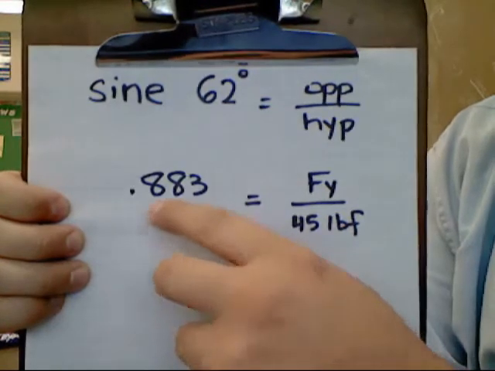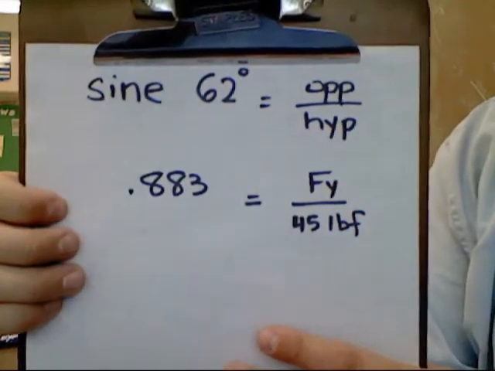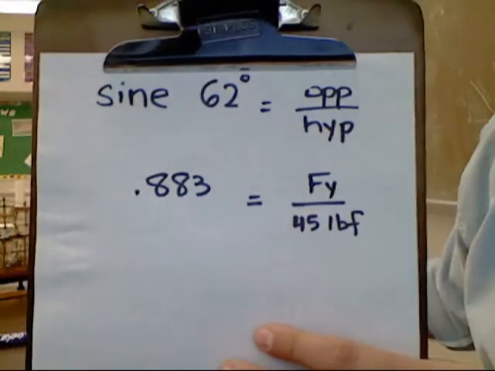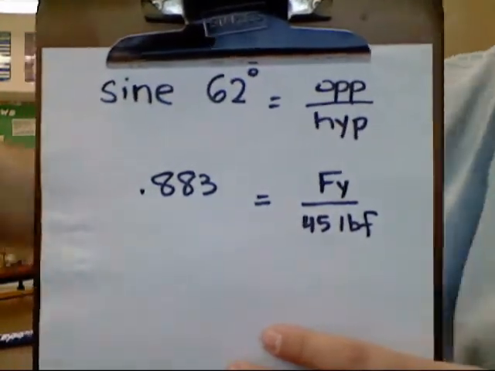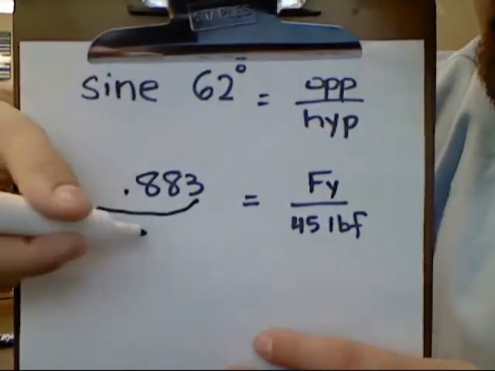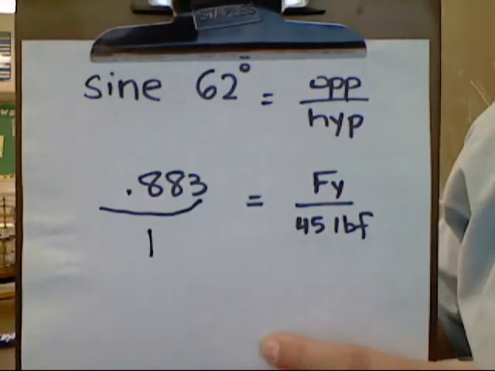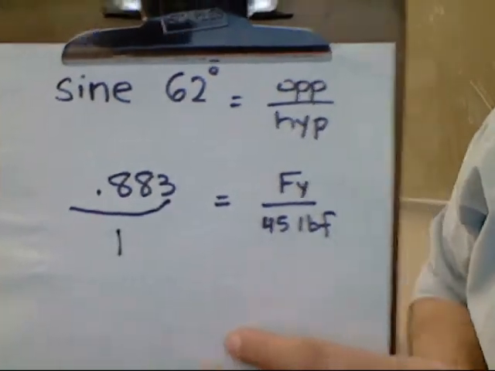After doing these substitutions, what I have here is an equation with the variable Fy, so I want to solve that equation. To me, it helps to conceive of this as a proportion and just put the 0.883 over the number 1, because dividing by 1 doesn't change anything. And that way I can cross multiply.